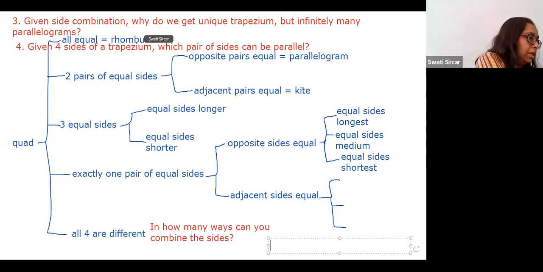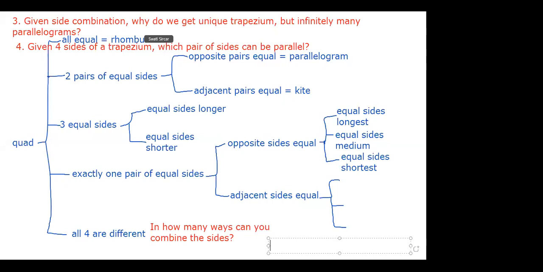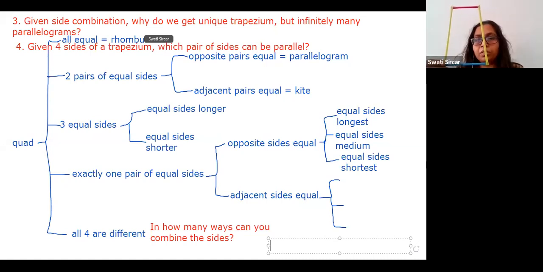So for example, here is the one with equal sides longest, where the equal sides are adjacent, and this is the case where equal sides are opposite. Equal and longest sides are opposite. Okay, so they do look different.